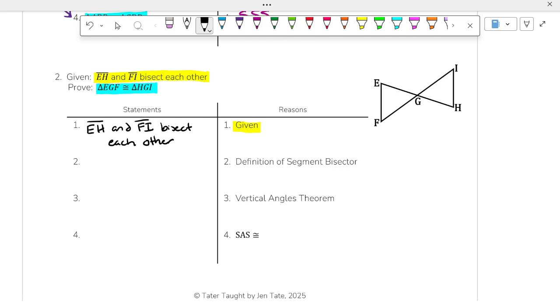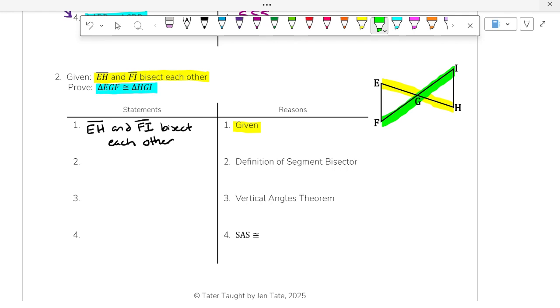Now, they said that EH and FI bisect each other. So those two segments bisect each other. Now, what does a bisector mean? We already talked about this. What's bisector mean? So think about the root, bi. Typically, what does that mean? Two. All right? So what do you think a bisector does?